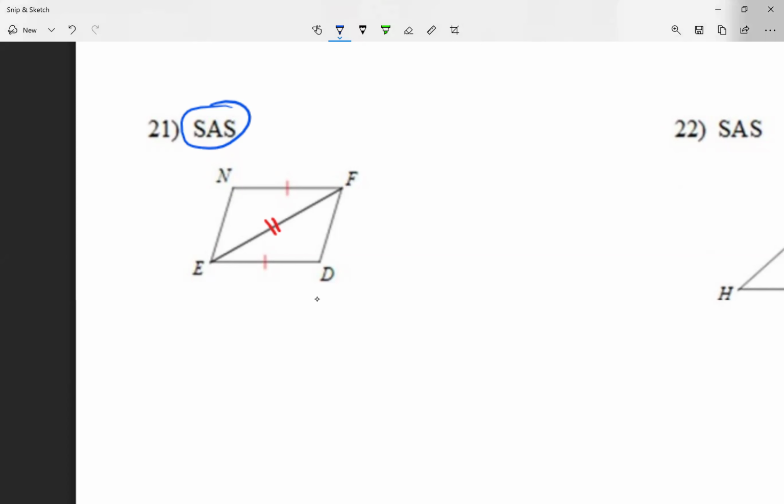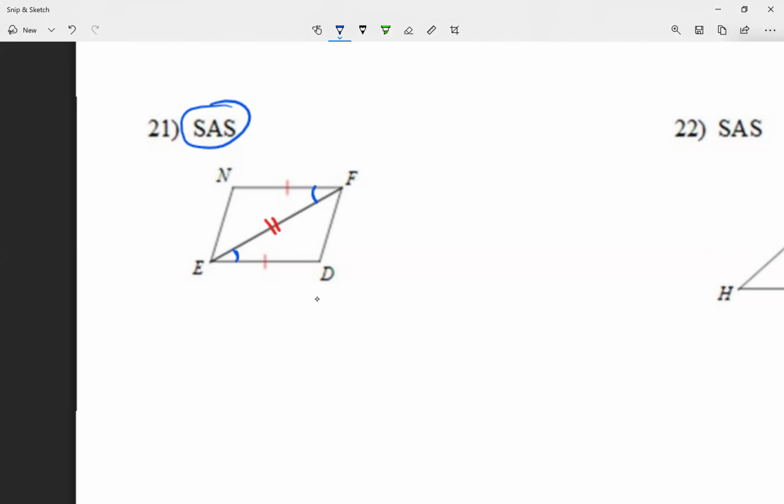When I look at the triangle on the top, the included angle is this angle right here. Remember, included angle means the angle where the two marked sides meet.